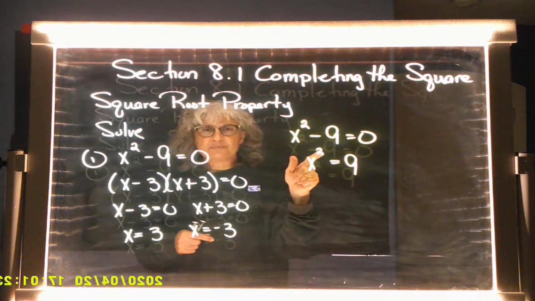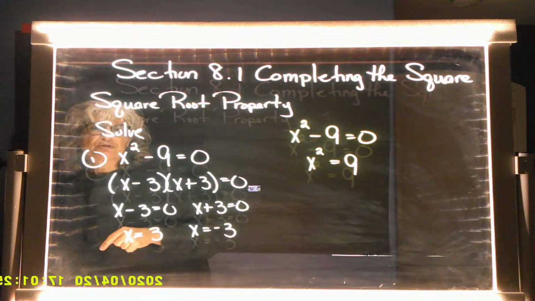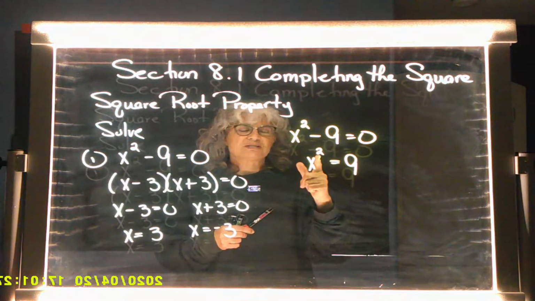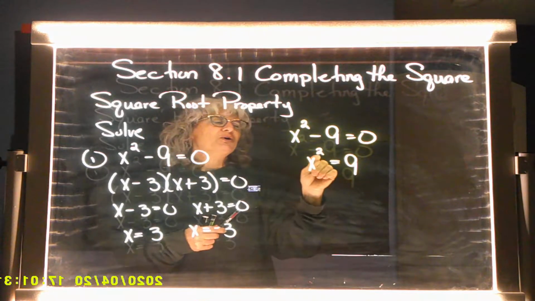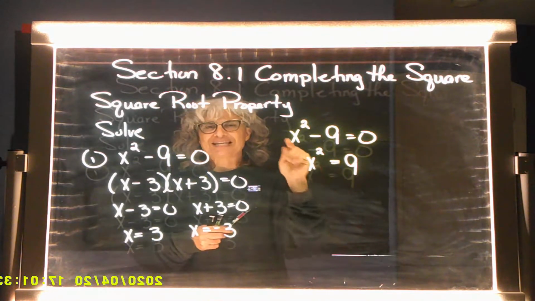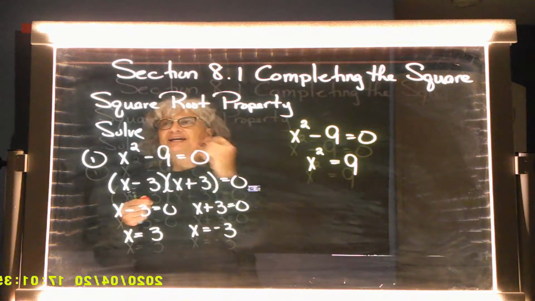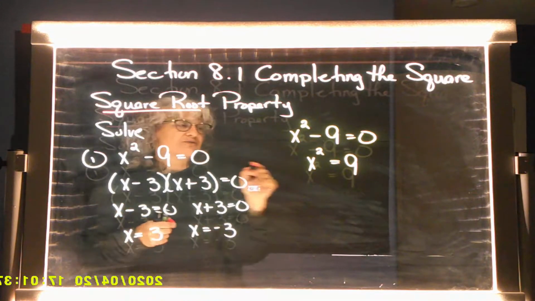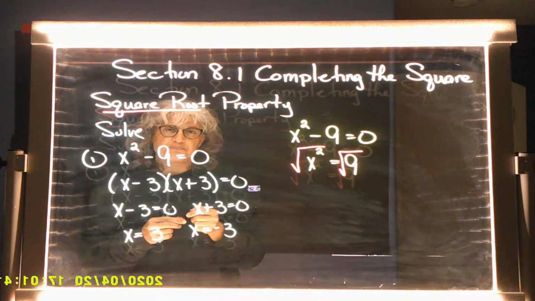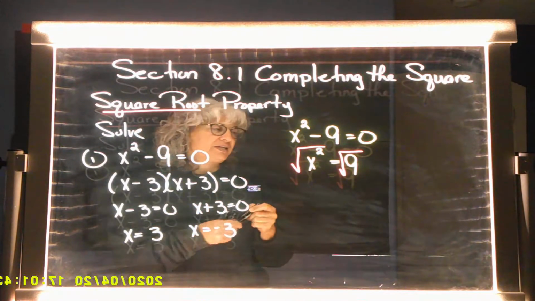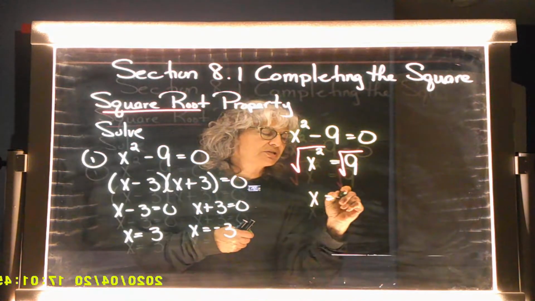So that means I need to get rid of that square. Agreed? So what's the opposite of a square? What cancels a square? Yeah, a square root cancels a square, which means I would take the square root of both sides, wouldn't I?